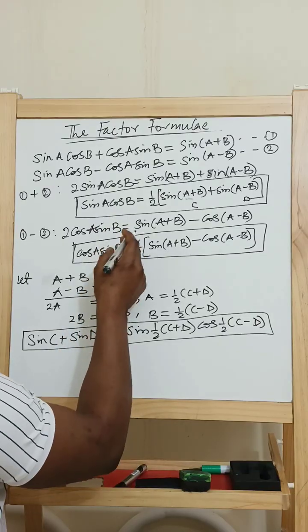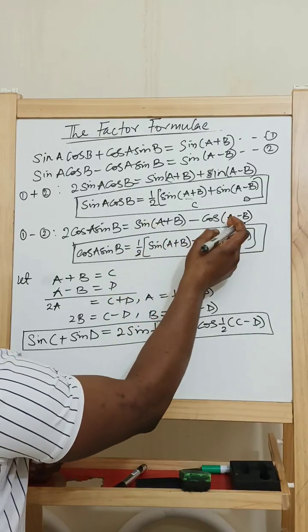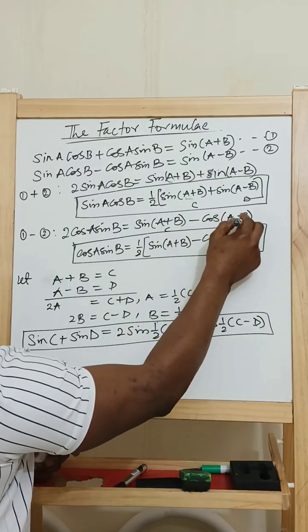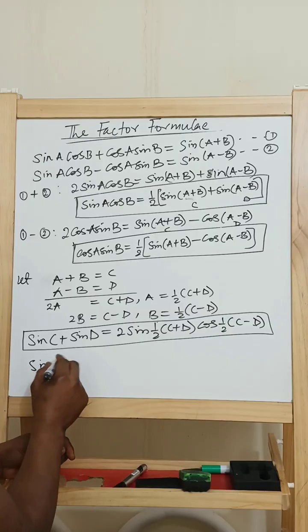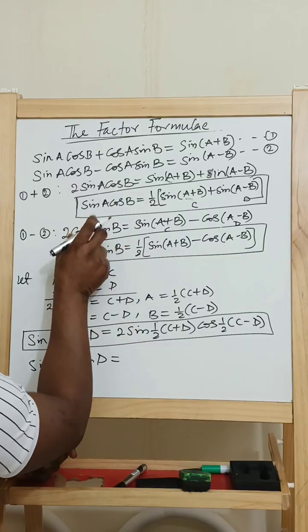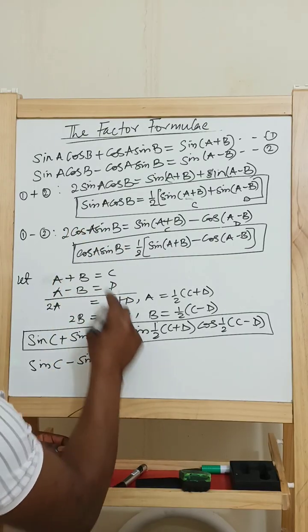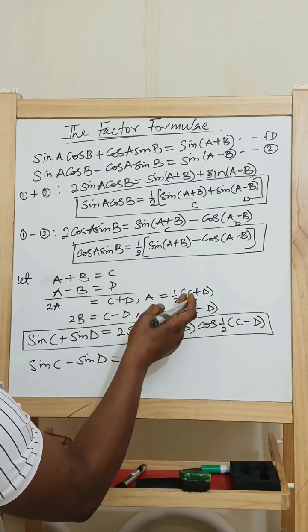And if it is C minus D, that is sine C minus sine D. So that will be what? 2, it will now be cos. Now A is what?